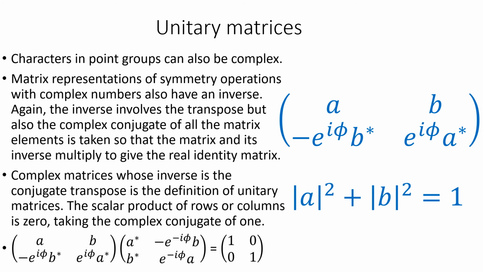And then if we were to consider that bottom left 0 there, that would be the second row from the first matrix multiplied by the first column of the second. So what we're going to get there is, for the first term, A star B star minus e to the i phi, so that's the second row and the first column, and then the second term will be A star B star e to the i phi.